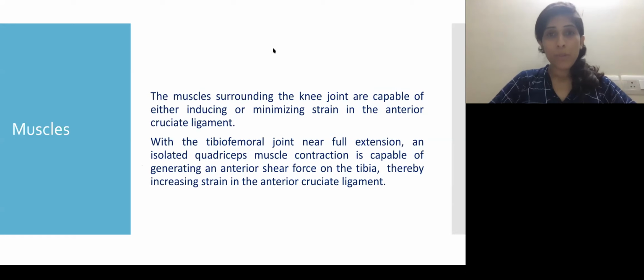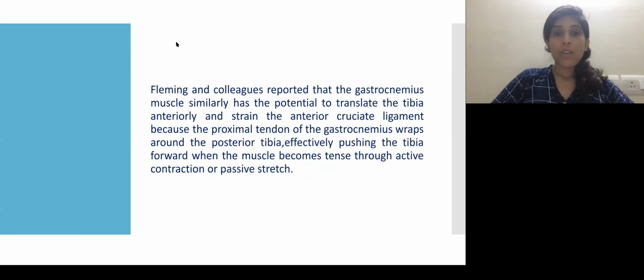With the tibiofemoral joint in full extension, an isolated quadriceps muscle contraction is capable of generating an anterior shear force on the tibia, and thereby increasing the strain on the anterior cruciate ligament. Okay, so quadriceps will increase the strain on the cruciate ligament.